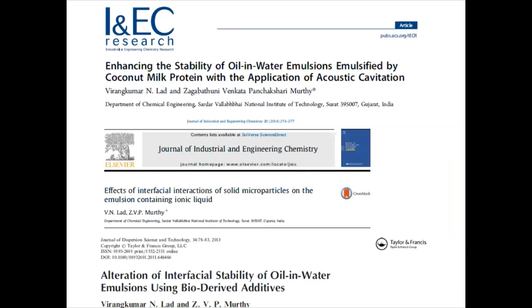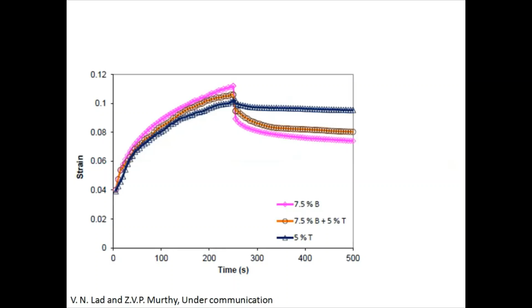Another aspect is explaining this stress relaxation. So again here, let's consider this slide, where a constant strain is maintained. What will happen?